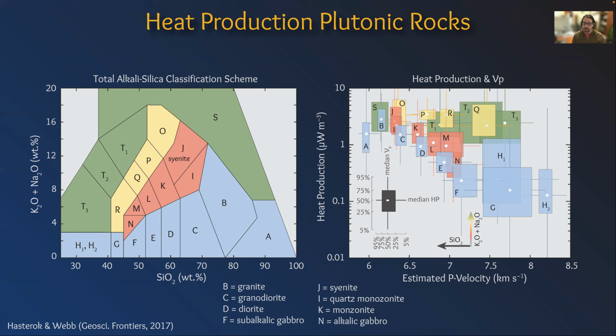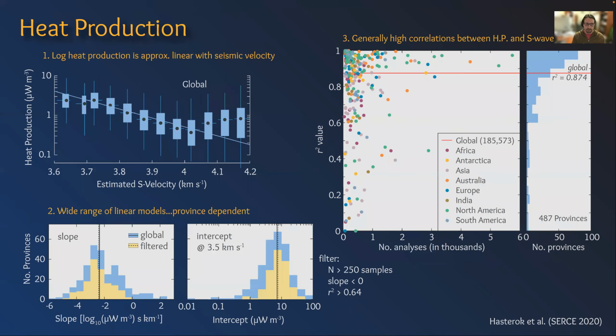So we can start to look at how these vary if we took all of the rocks in a given region and see how they vary as a function of seismic velocity. On the previous slide, I was looking at P wave velocity. In this case, I'm looking at S wave velocity. The results are pretty similar regardless of which one I look at. I will get a linear relationship for both.